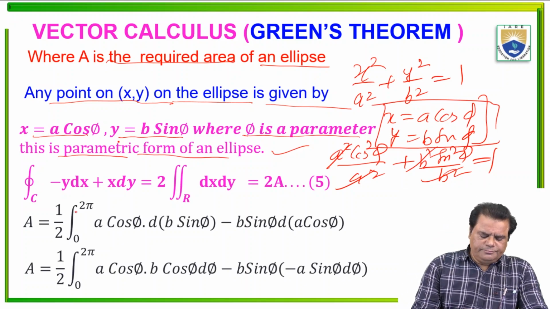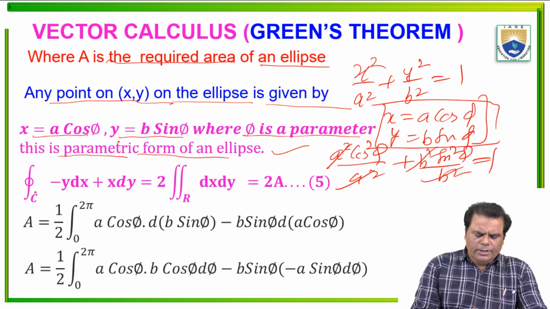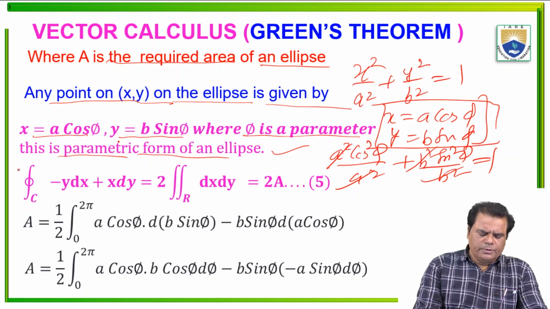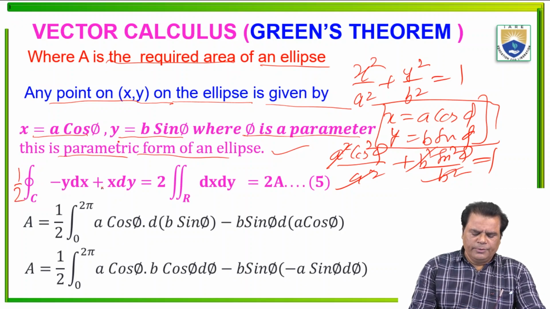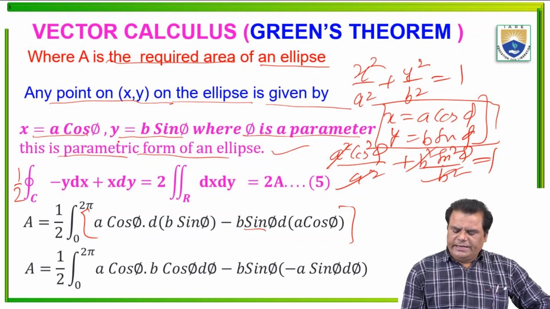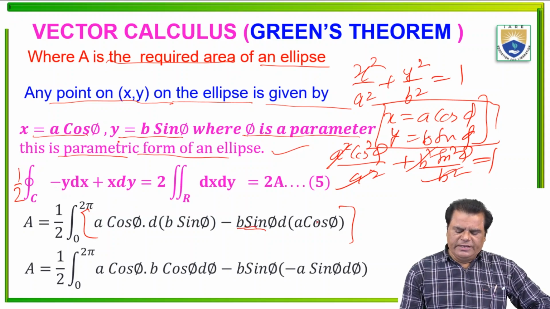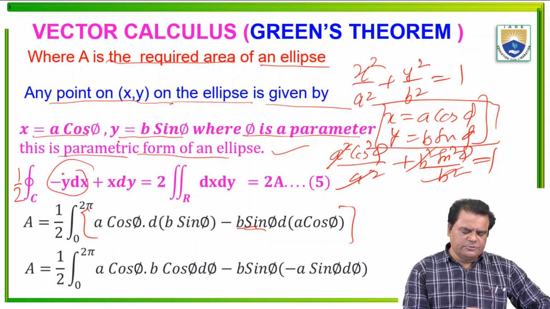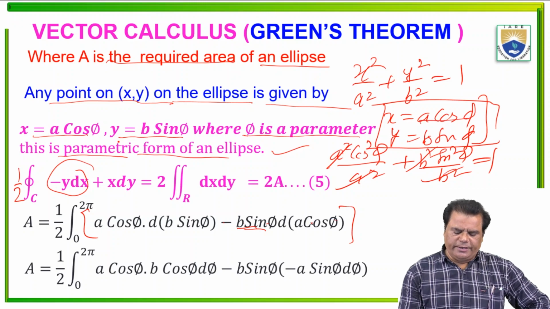So now taking 1 upon 2 and writing 1 upon 2 of minus y dx plus x dy. Here y is b sin phi and x is a cos phi.